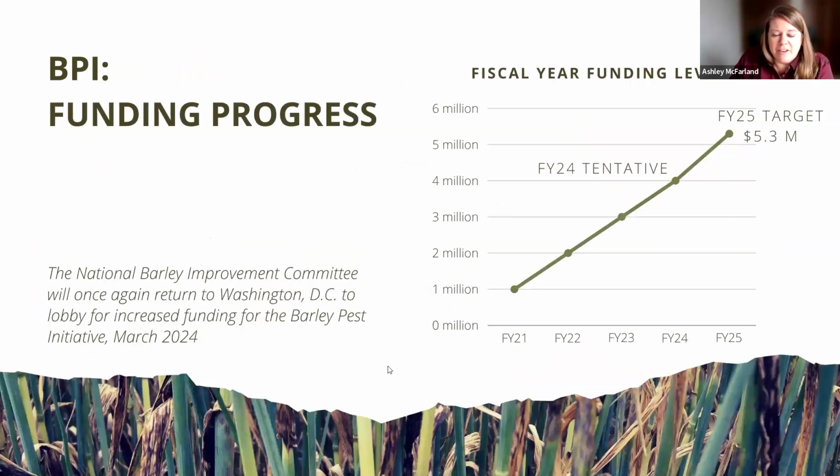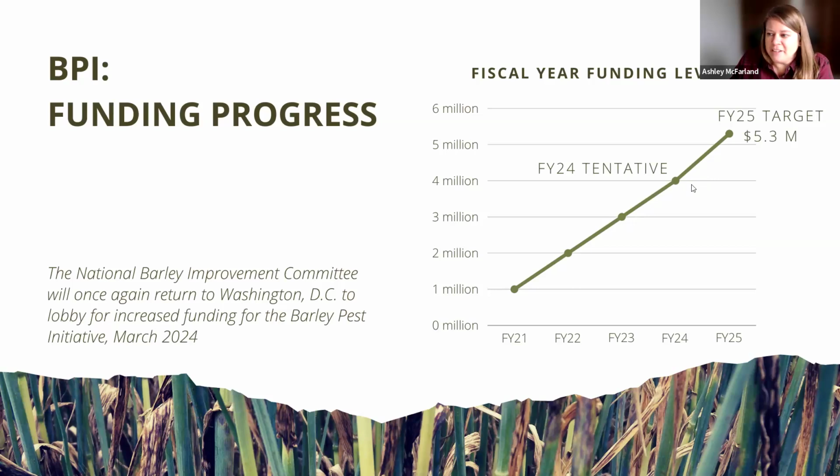Here's a little bit of background on our funding progress. So when this initiative was brought together at the start, the fundraising goal was actually $4 million, and then we added a couple partners along the way. So our target right now is $5.3 million, and that would be an annual appropriation through the Ag Appropriations budget.